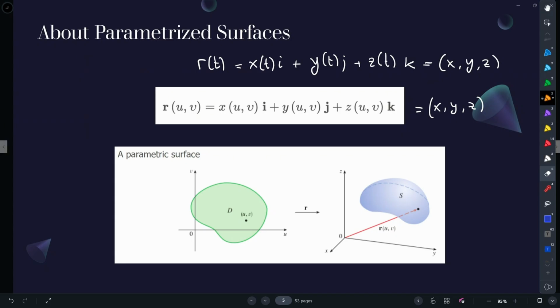So there's going to be some region where our parameter space is. And then each one of these points in here corresponds to some point on a surface in 3D. And every point on this region of the surface corresponds to some point in that parameter space.